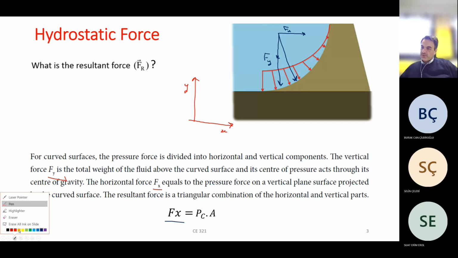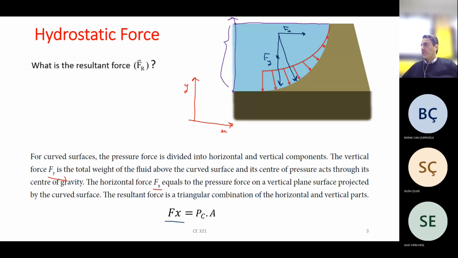What is a projection? Let me show you. For example, this is my curve, from here to here. Its projection on the vertical y-axis is this line, from one point to another point here.